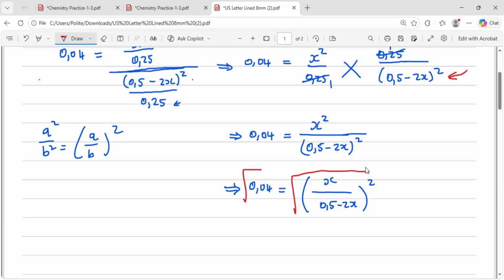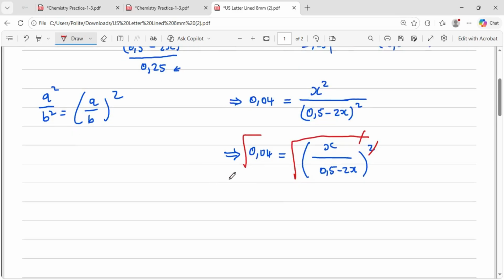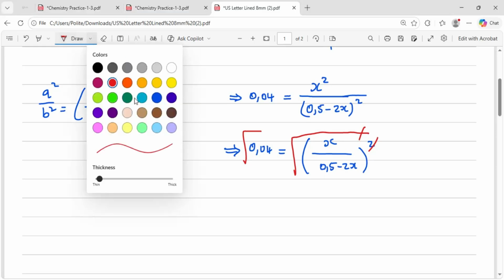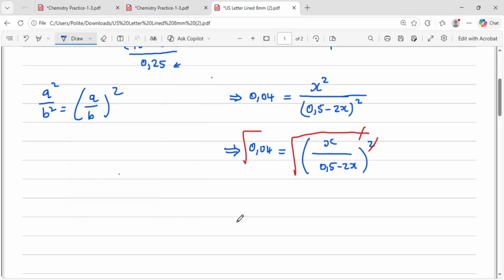Okay, so now I can just square root both sides to get rid of that square. If I put that on the calculator, what is the square root of 0.04? That's 0.2. So this tells me that I'll have 0.2 equated to x over 0.5 minus 2x.